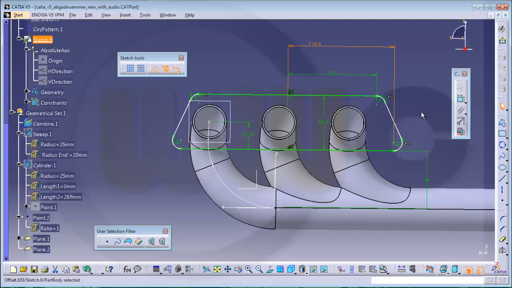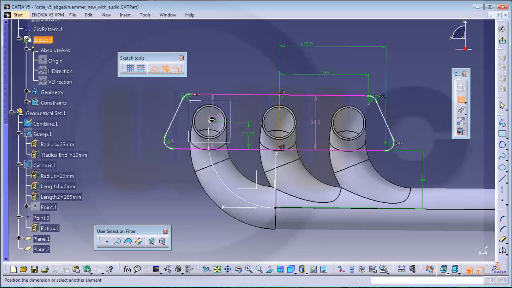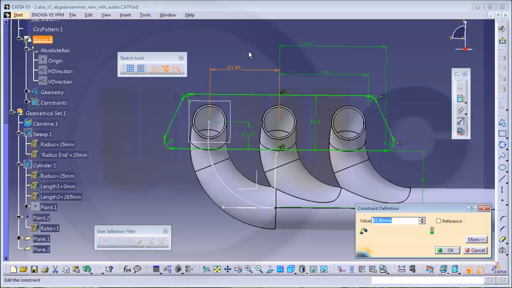So let's check what is still not constrained. Of course this is not constrained, so I need another one between this and the point 2, and this should be that's 82.